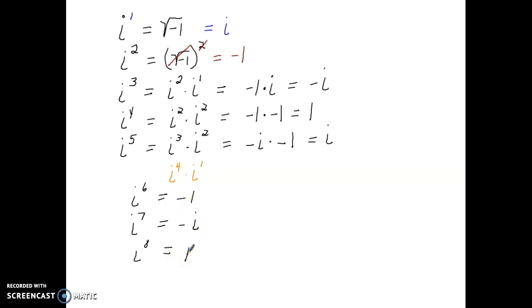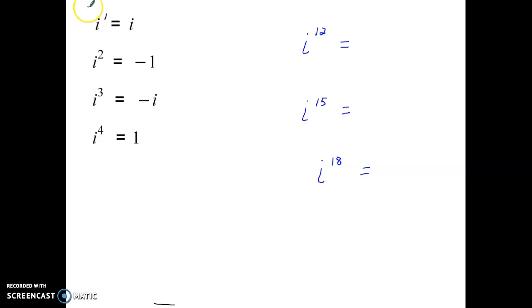This pattern keeps repeating, no matter how great my exponent is. So essentially, the only four things that we need are just to know i to the first, i to the second, i to the third, and i to the fourth power.